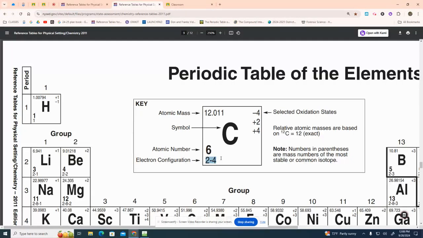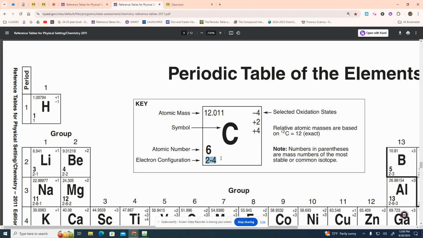It says electron configuration. Kevin and Robert, pay attention to me. That's called the electron configuration. The electron configuration tells us where the electrons are and how many electrons are on each ring in the Bohr diagram. So let's look at a Bohr diagram. Let's say we're doing carbon.